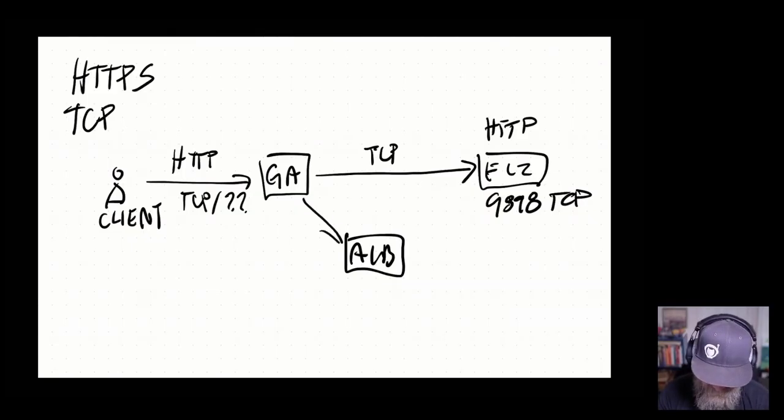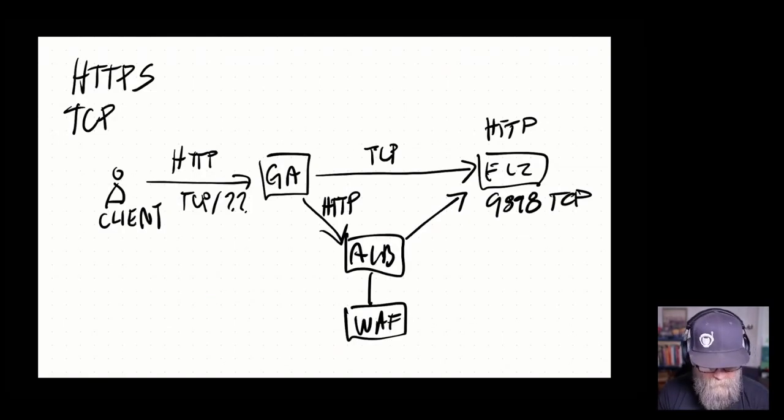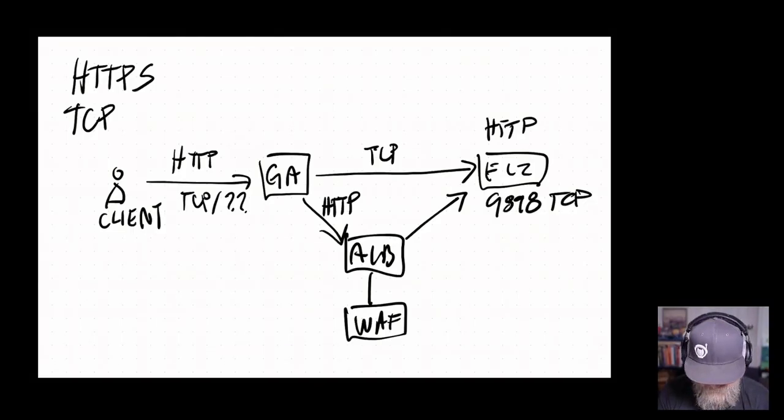And I configured the listener for this to send HTTP traffic that way. And that allowed me to hang a WAF off of the load balancer. And then that's our standard target group configuration. Everything ends up on the EC2 instance.